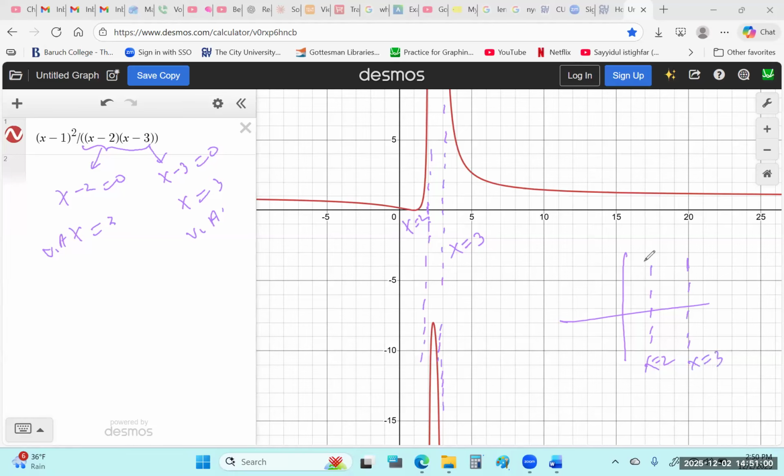So one piece is here, one piece is here, and then another piece is here. So our graph divides into three pieces with two vertical asymptotes. Okay.